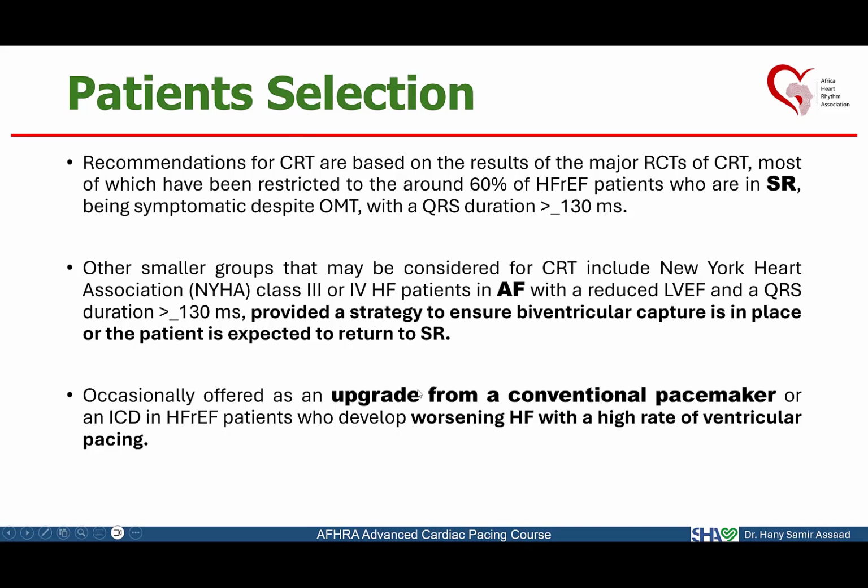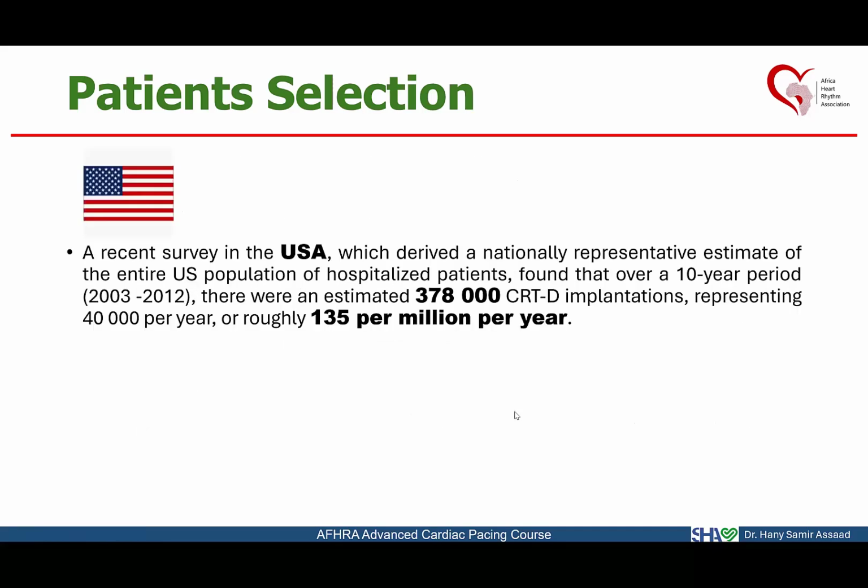Occasionally, another indication is an upgrade from a conventional pacemaker when patients develop worsening of heart failure induced by the pacemaker with a high rate of RV pacing. These indications and recommendations have yielded this type of epidemiology.